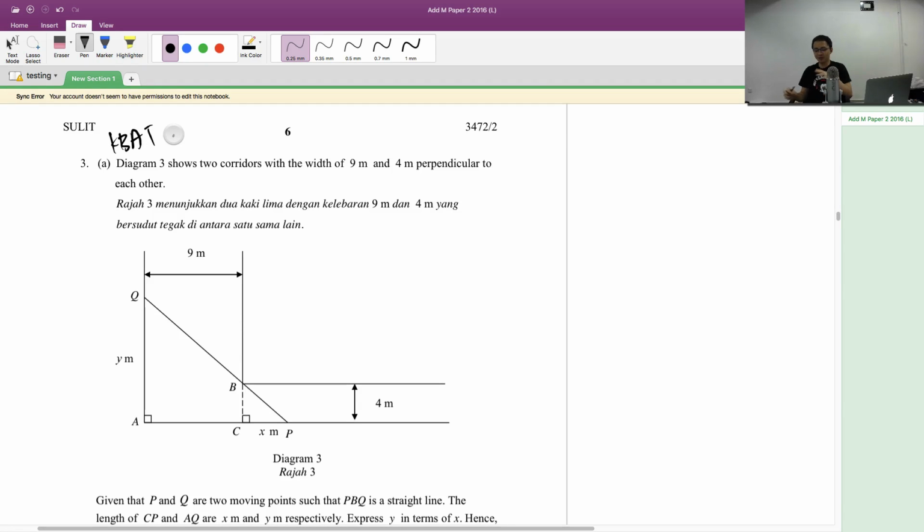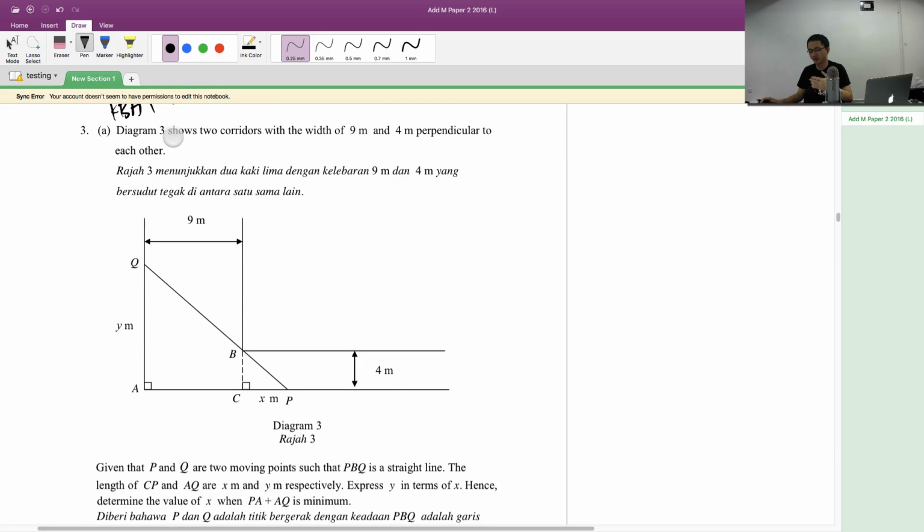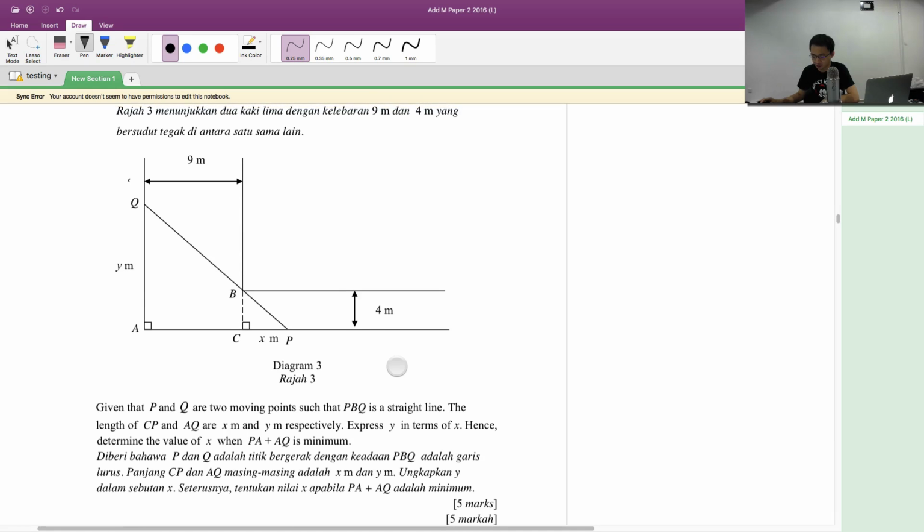Alright, diagram 3 shows two corridors with widths of 9 meter and 4 meter, perpendicular to each other. So we'll have 4 and 9 and 4. Given that P and Q are two moving points such that PBQ is a straight line.